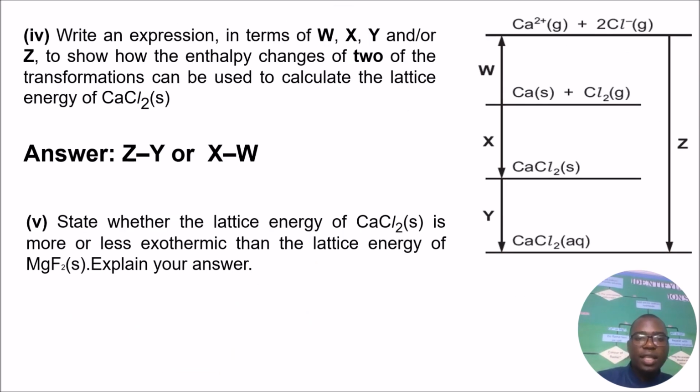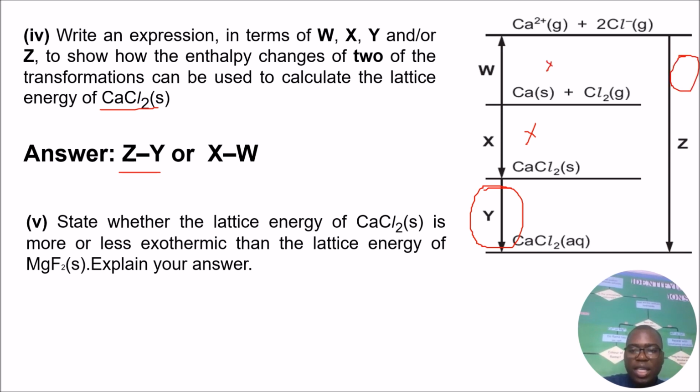Here they are saying write an expression in terms of W, X, Y, and Z to show how the enthalpy changes of the transformation can be used to calculate the lattice energy of this one. Now we know that the first one is Z minus Y. Why are we saying minus Y? Because we know that when you are finding the enthalpy change of formation, you add this plus that, and then plus something that is supposed to be here.